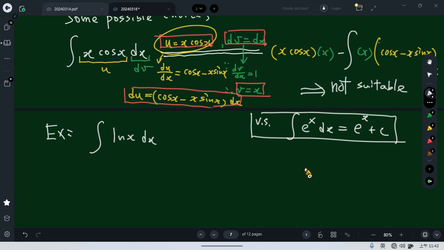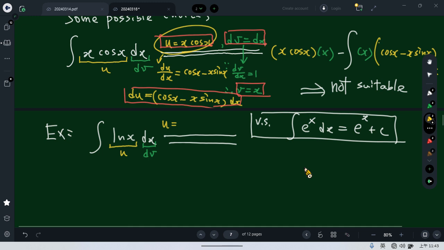Okay, so again, we can let u equal ln x, then dv equal dx. So if u is equal to ln x, then dv is equal to dx.